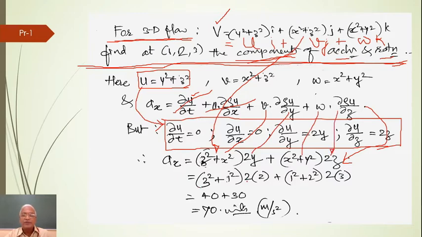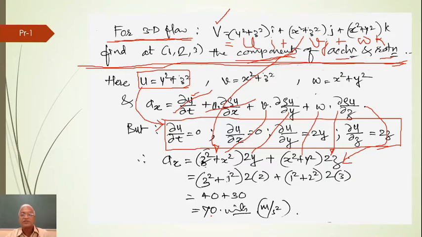So if you simplify after substitution of x, y, z values as 1, 2, 3, so this is 3 squared plus 1 squared, 2 into y is 2, 1 squared plus 2 squared, 2 into 3. So the whole thing turns out to be 40 plus 30, that's equal to 70 units. It is acceleration, so if you want to attach the terms as meters and seconds, it will be meter per second squared. So 70 units of acceleration in x direction.